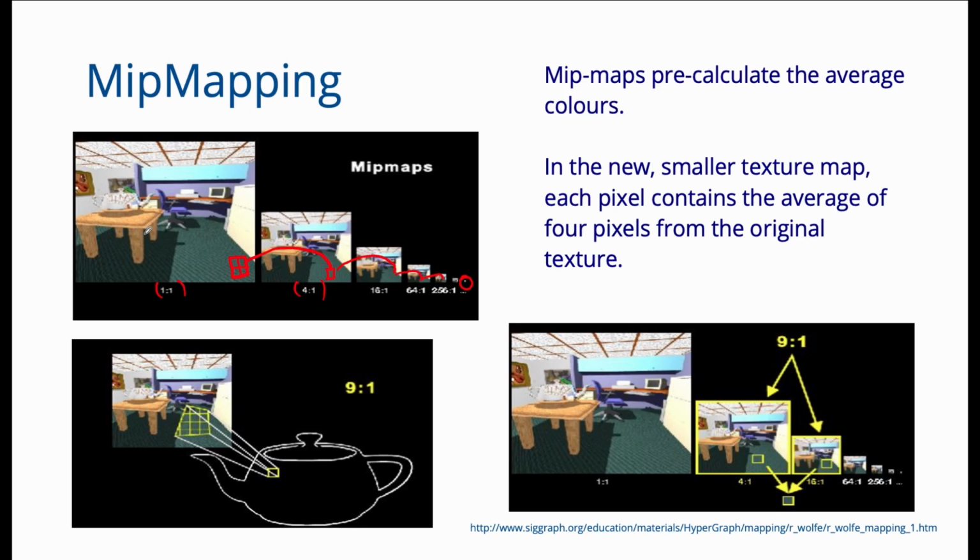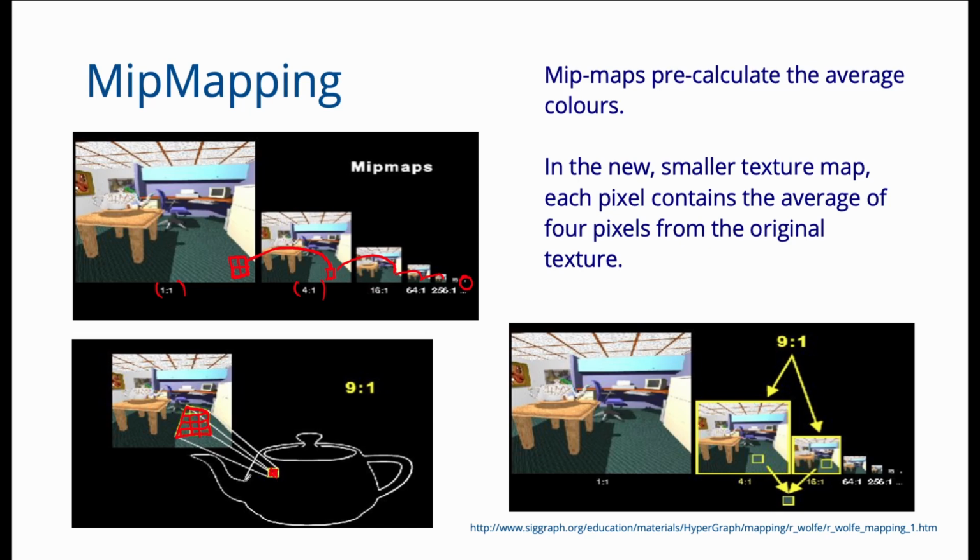At runtime, when you are trying to, say, texture map a scene for a given fragment, you compute that this fragment covers an area corresponding to 9 texture samples. So here you have approximately 9 texture samples that correspond to one fragment of your scene. The pre-filtering solution would have been to average these 9 samples to get the color here.